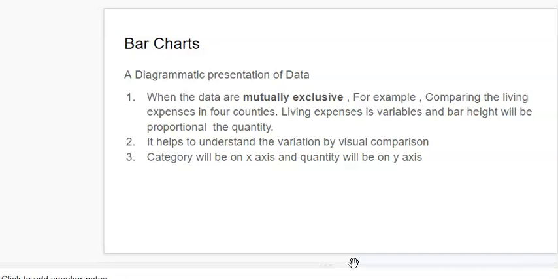For example, if you are analyzing the literacy level of 4 states, they are mutually exclusive. Mutually exclusive means the information of one does not depend on the other in any way. Such information can be explained in graphical form using a bar chart, and it is helpful for visual comparison.